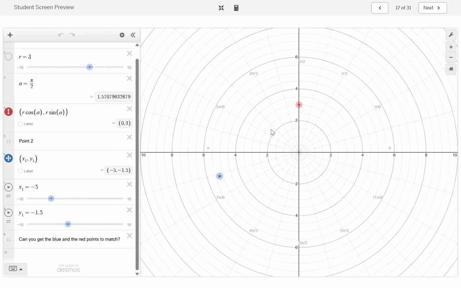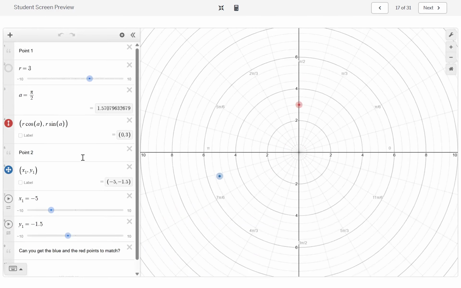All right, so our little graphing activity here, there's a red point, and this is 0, comma 3. And then they want us to shift our x1 and y1 sliders until the blue point meets up on the red point.